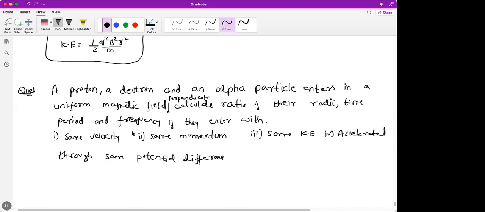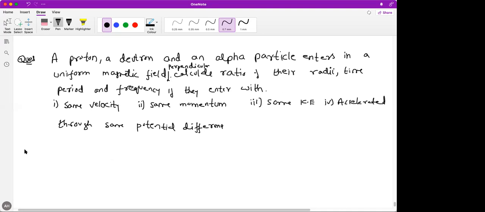What would be the shape of the path if all enter perpendicular to magnetic field? Straight line, circular, helical, parabola? What would be the shape?